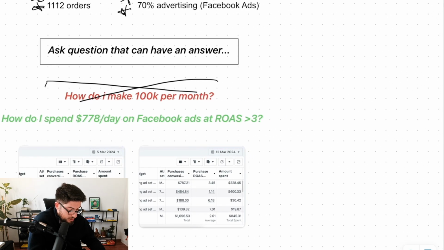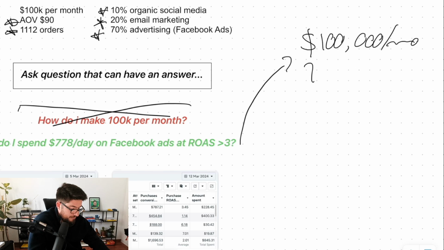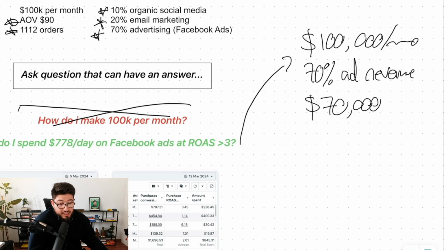These numbers come from the assumption that, first of all, we have to make 100K per month. We said that 70% will be ad revenue. So that means that from ads, we want to make 70,000. Let's say we want to have a ROAS of 3, just to have enough margin to make good profit.